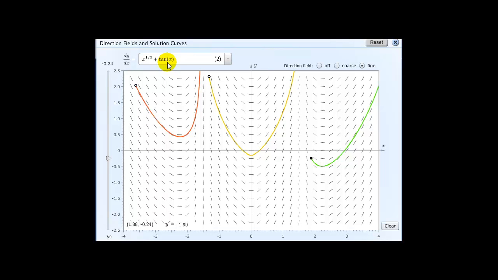Oh, I see that this is going to be undefined when the cosine equals 0. So what I'm seeing here are vertical asymptotes for these solution curves based on when the cosine is 0. Now that makes sense as I have a look at the differential equation. That helps define what I'm seeing here.